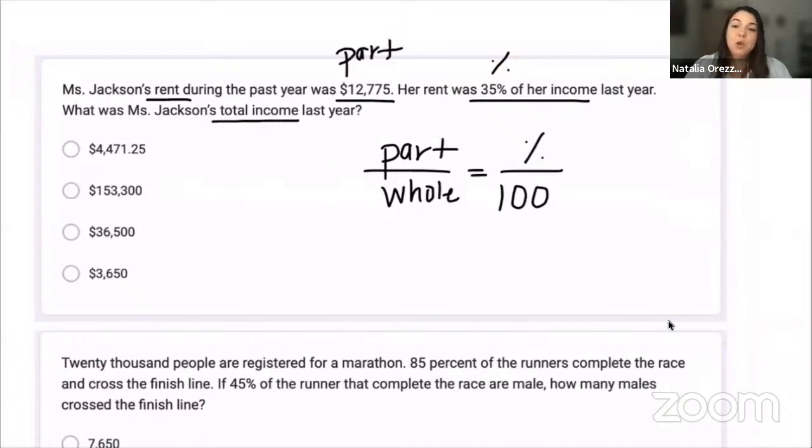Okay? And the total income or the whole paycheck is going to be our whole. Now notice here, the whole, we don't know it, right? It's asking us for total income, which means this is what we're looking for. It's our unknown. And whenever we have an unknown, we're going to call that X. Okay? So I'm going to plug all this information into my equation.